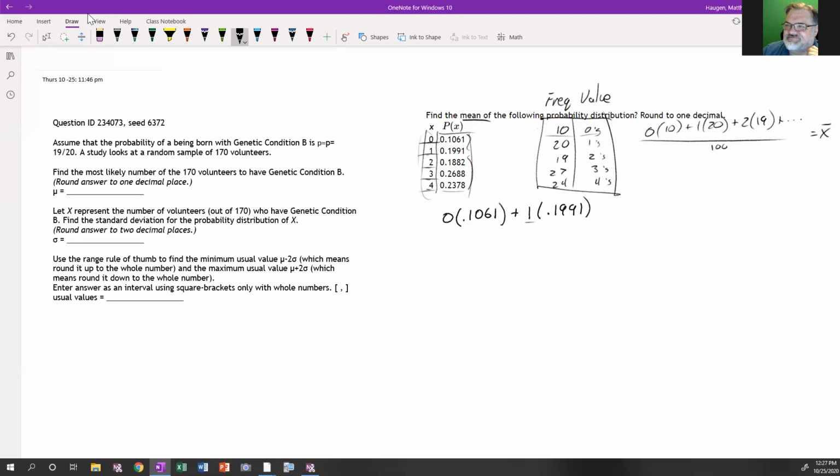Let's, for the sake of argument, imagine that these are dollar values. So let's say we're playing some sort of game, and in this game, there's a 10% chance we'll get no money, 19.9% chance we'll get $1, 18.82% chance we'll get $2, 26.88% chance we'll get $3, and about 24% chance we'll get $4.